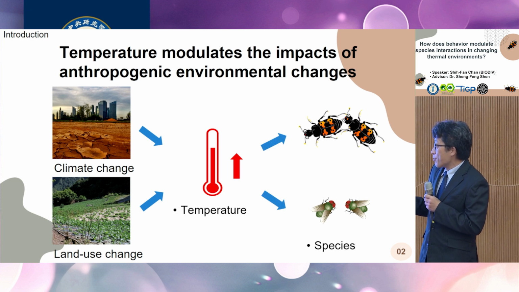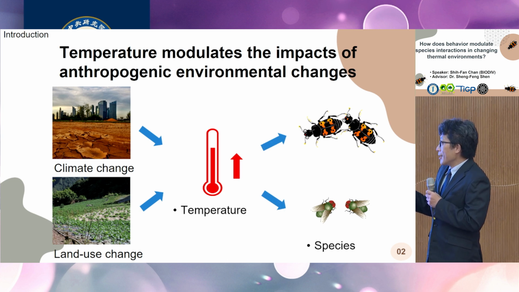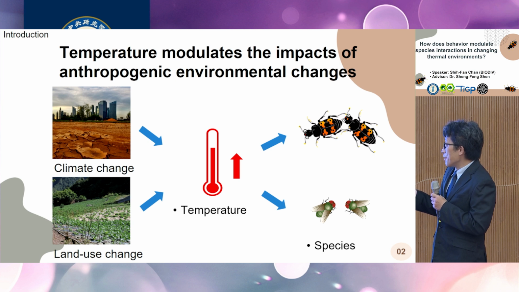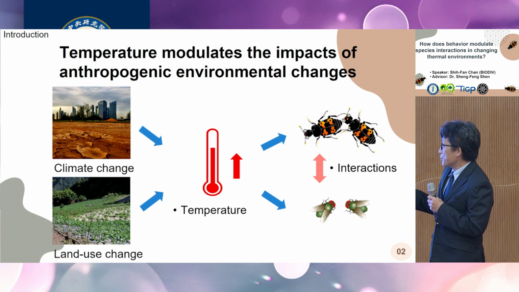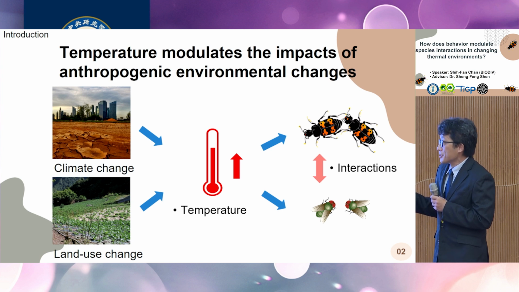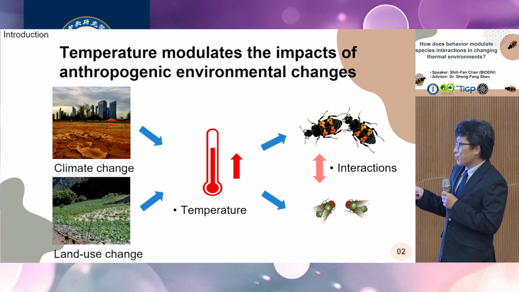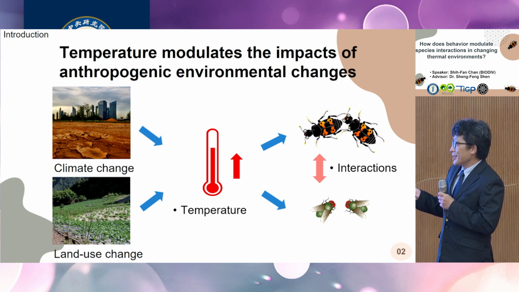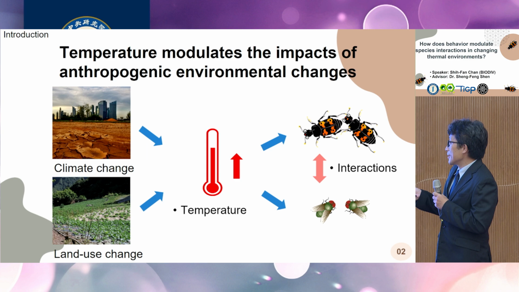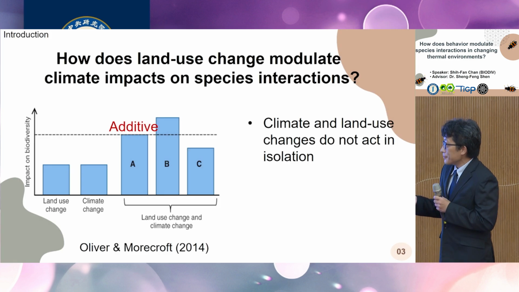The changes in temperature not only affect the survival and reproduction of individual species, they also modulate the interaction between these different species. Therefore, this is the reason why I would like to investigate the effect of temperature on interaction between species.